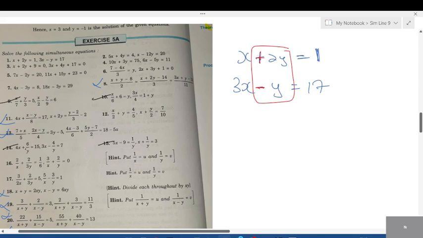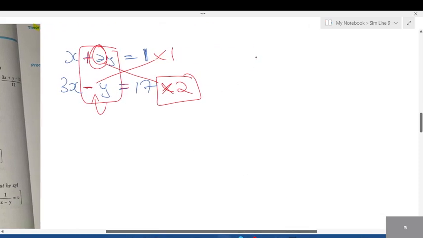Are they same or opposite? Signs are fine. When they're not equal, for the first equation 2y, the coefficient is 2. Multiply the 2 in the second equation. And for the second equation, what is the coefficient of y? Multiply that 1 here. Rewrite the equation. What do you get when you rewrite? Multiply.